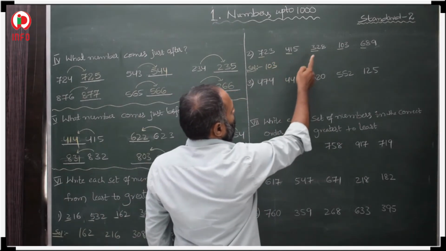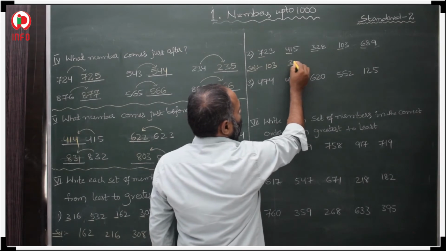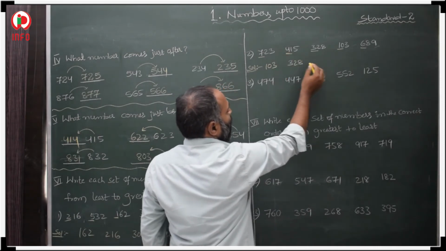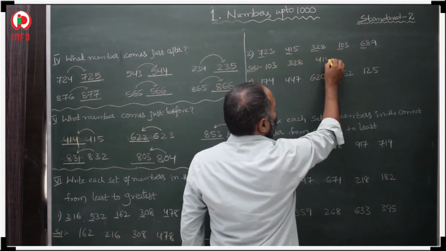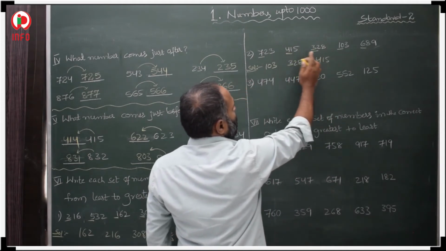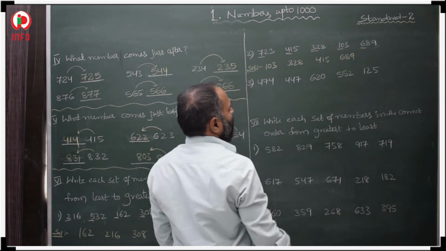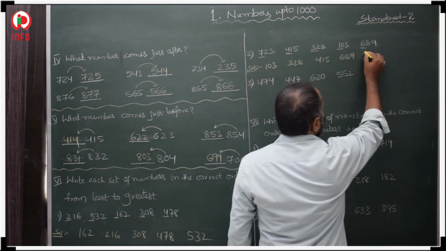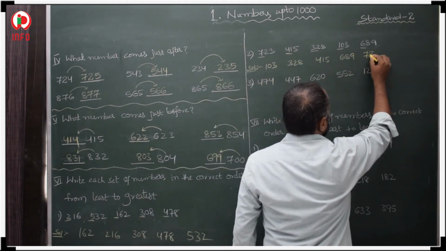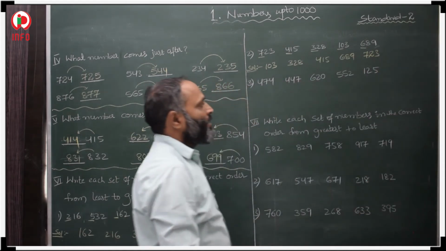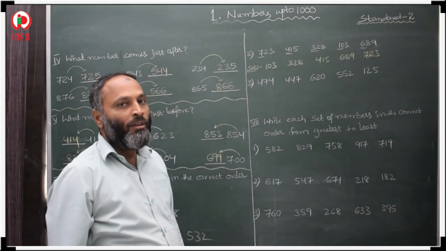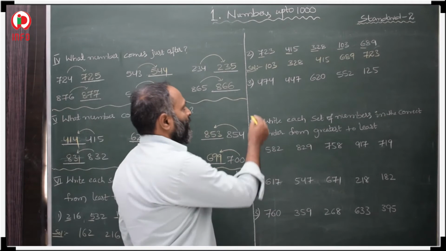Then after that 3 will come, 328. After 3, 4 will come, 415. After 4, 6 will come, 689. After 6, 7 comes, 723. This is in order from least to greatest.